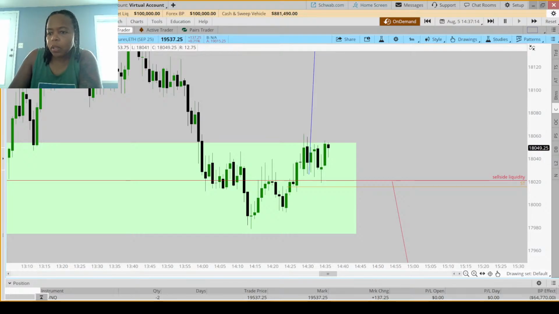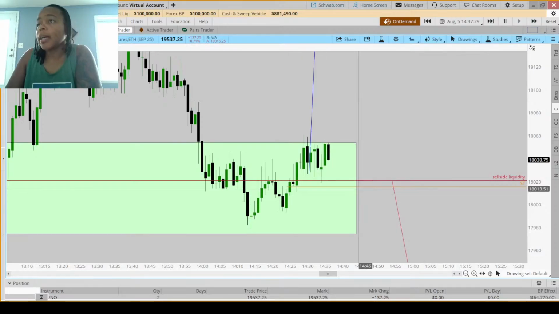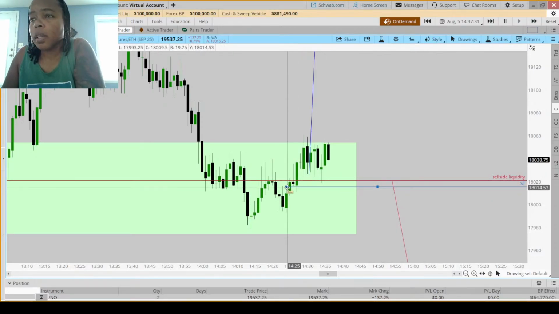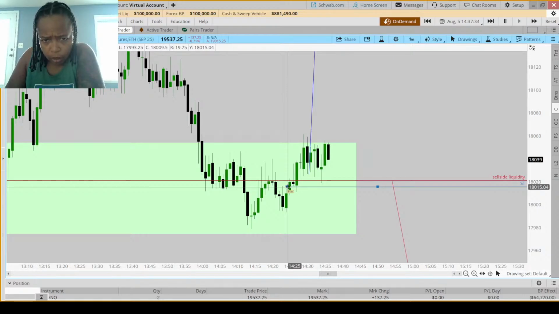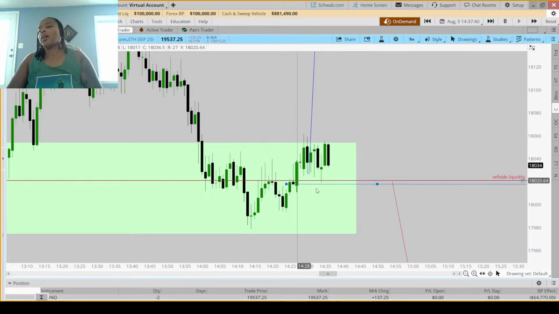Okay, so let me put my thing here and make sure where my stop is supposed to be. Midpoint, long from that spot. So my midpoint of that wick. Oh yeah, so my stop actually, if I'm going with 37 ticks from the midpoint of the wick, would actually be right here. Not quite, just below it.